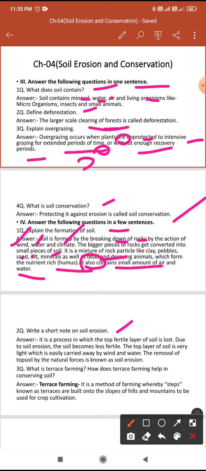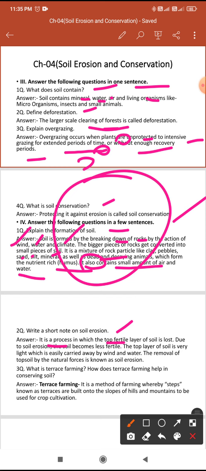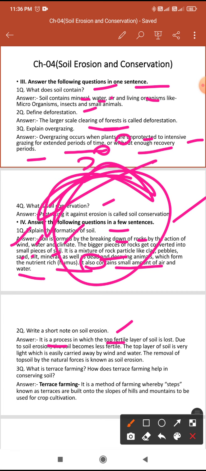Now the next question is, write a short note on soil erosion. What is soil erosion? Okay, for a short note. It is the process in which the top fertile layer of soil is lost, and due to soil erosion the soil becomes less fertile.